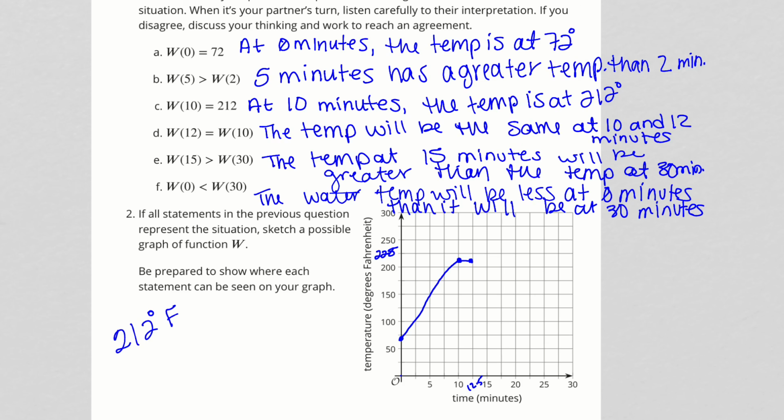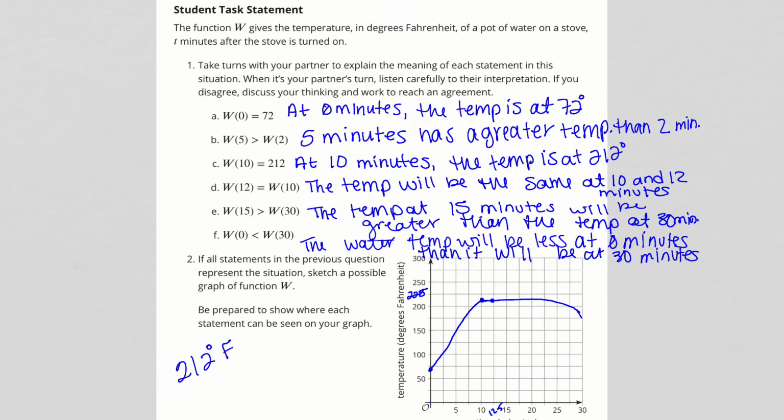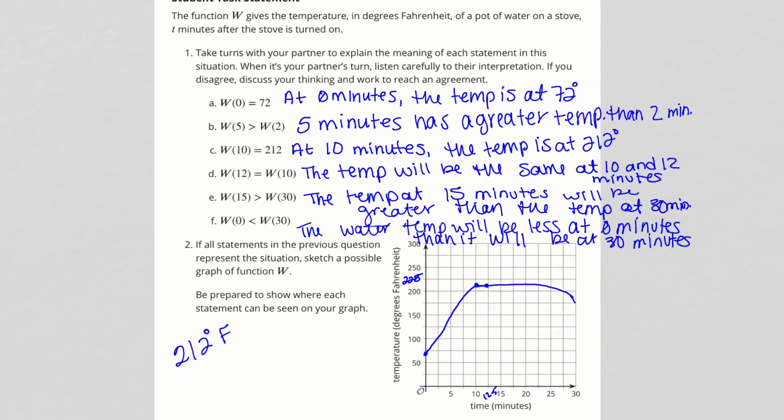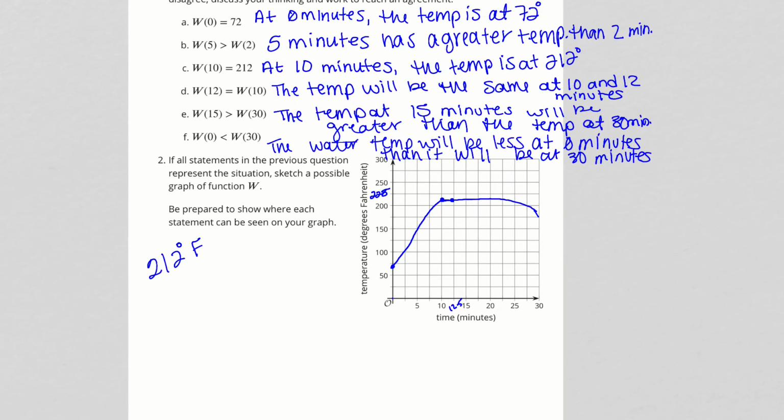Okay, so it's probably going to stay about the same and then start to go down. I don't believe at the top it tells you that it's only boiling for a little bit, but we do know that at 30 minutes, the temperature of the water is less than at 15 minutes. So the water is probably going to boil for a little bit and then go down.